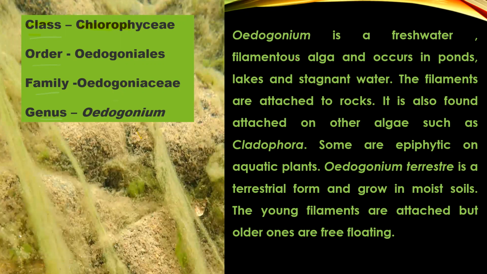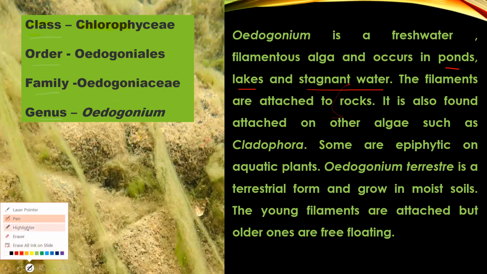So Oedogonium is a freshwater filamentous alga that occurs in ponds, lakes, and stagnant water. What is stagnant water?